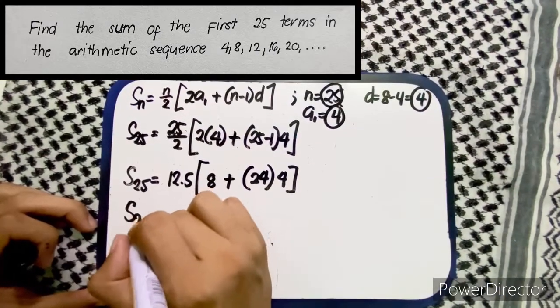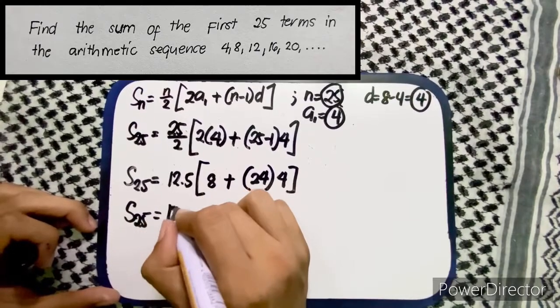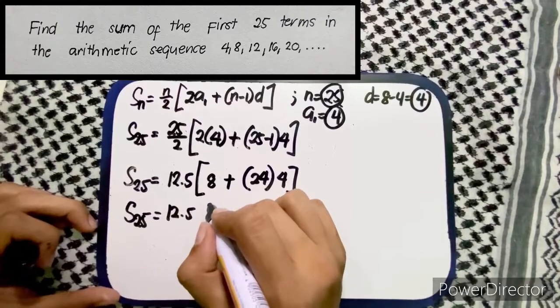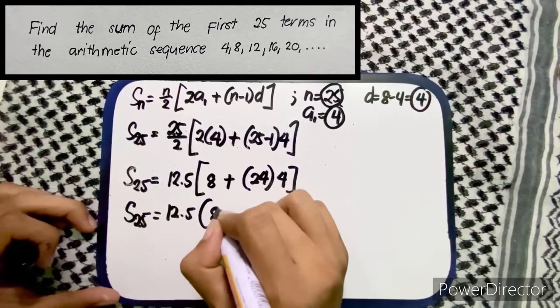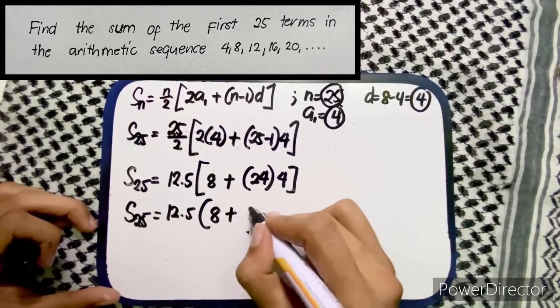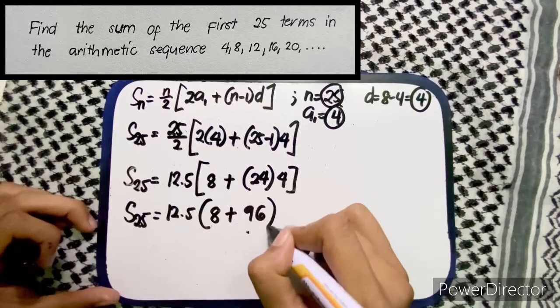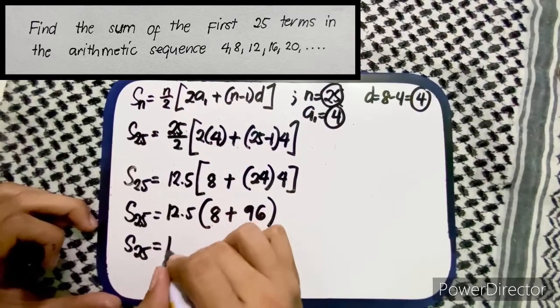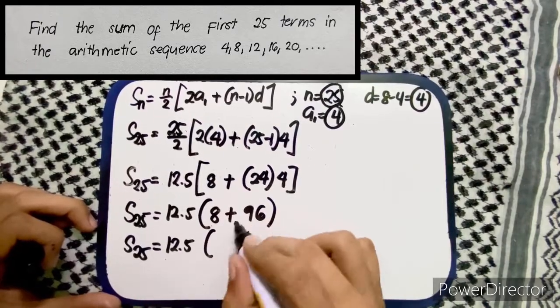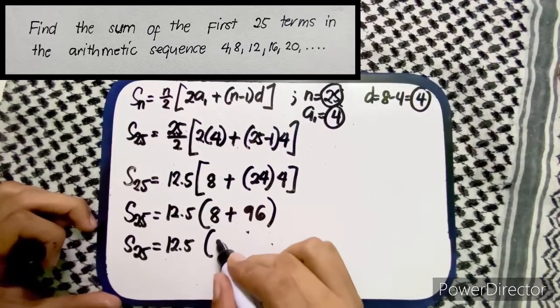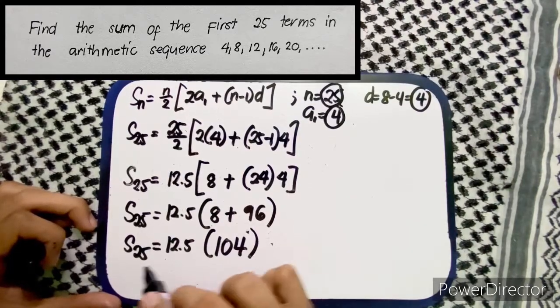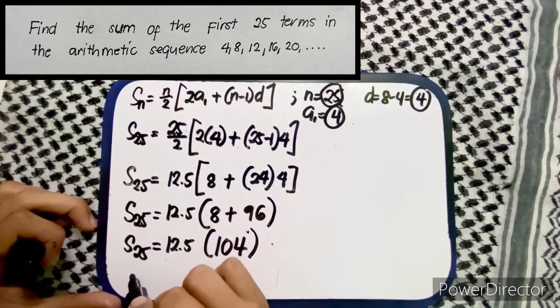Then S sub 25 equals 12.5 times the quantity 8 plus 24 times 4, which is 96. Then simplify again. S sub 25 equals 12.5 times the quantity 8 plus 96, that is 104, right? Then 12.5 times 104.